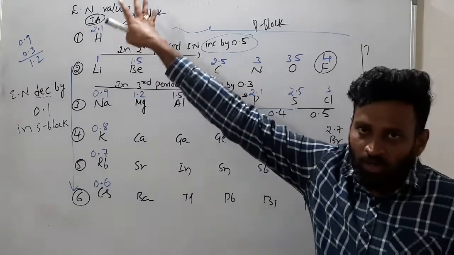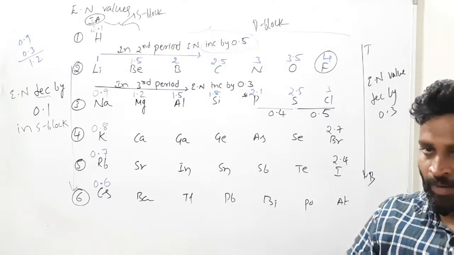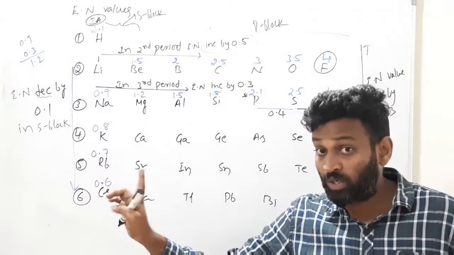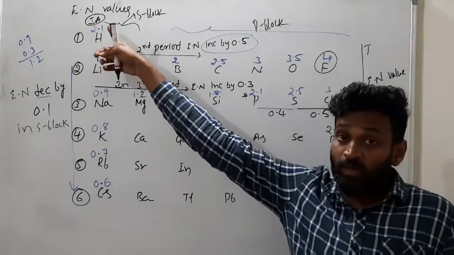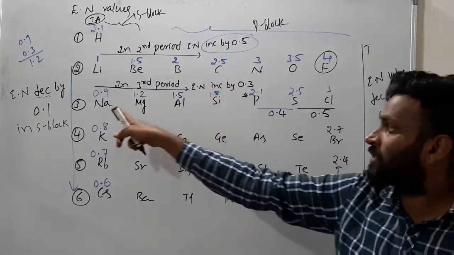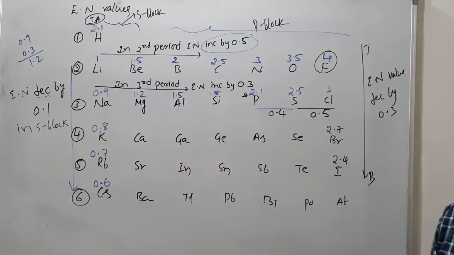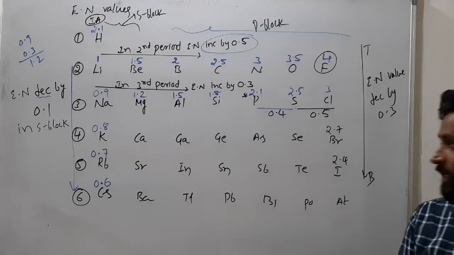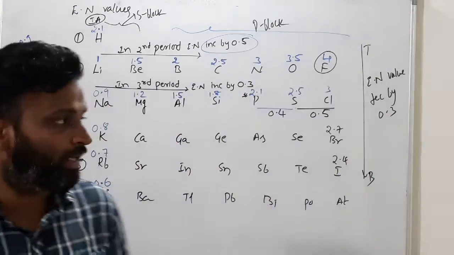Understanding? So in S block top to bottom, how to remember? Understood? 0.1 will decrease. But how to remember I said? First hydrogen, then first group, then second period and third period we have to remember. Then these two, then this one. In P block electronegativity decrease by 0.3.